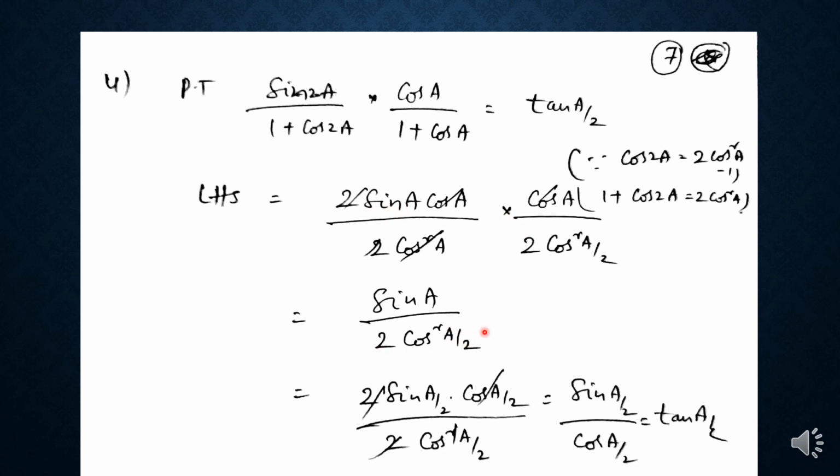Here a submultiple angle is there in the denominator, and in the proof also we have to prove it in terms of the submultiple angle a by 2. So we can write sin a in terms of submultiple angles.